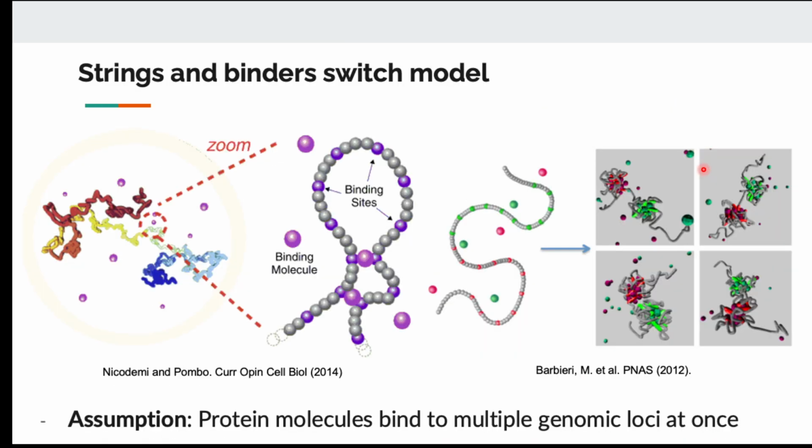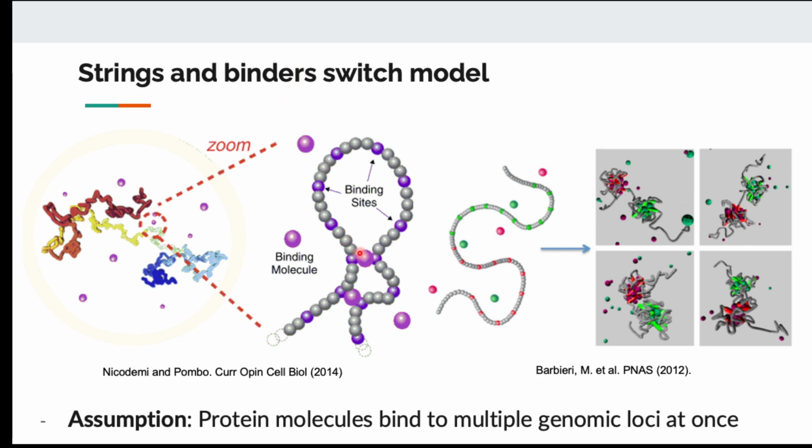So later on, people thought that, okay, we think we identified some protein that might be responsible for organizing the DNA structure. And this protein can bind to DNA. So early models thought about the DNA as a string, and the protein as a binder.